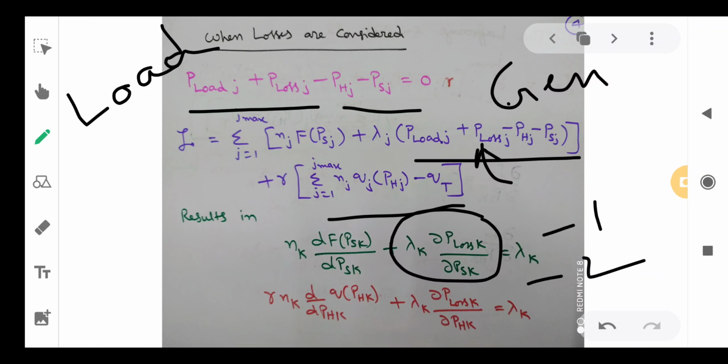Similarly here, this term is additional. So gamma into Nk dq by dPhk plus lambda k into dou PL by dou Phk equal to lambda k. These two are the coordination equations when line losses are considered.